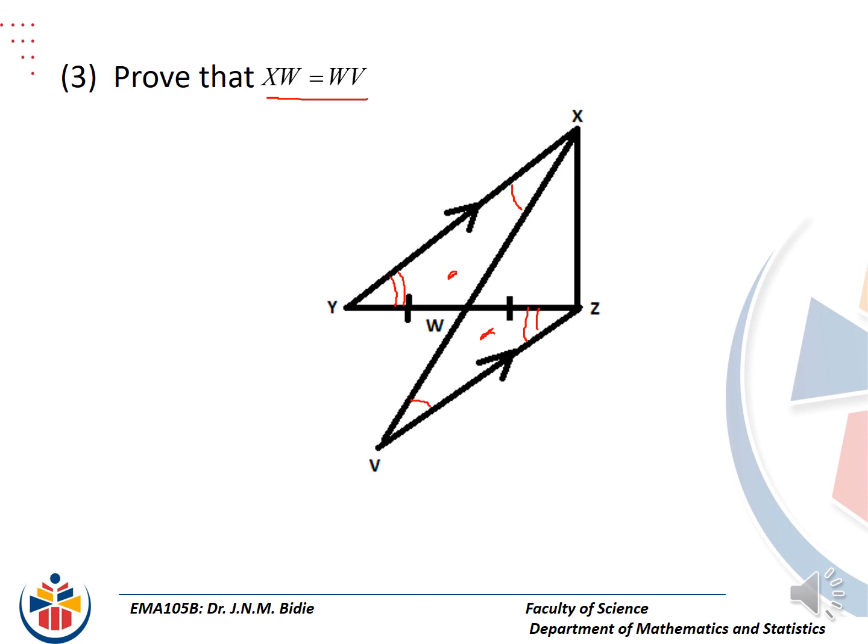So these two triangles are congruent. And then thereafter, we can conclude that the longer side of triangle XYW, which is XW, is equal to the longer side of triangle VWZ, which is just VW. And it goes without saying that even YX will be equal to VZ.